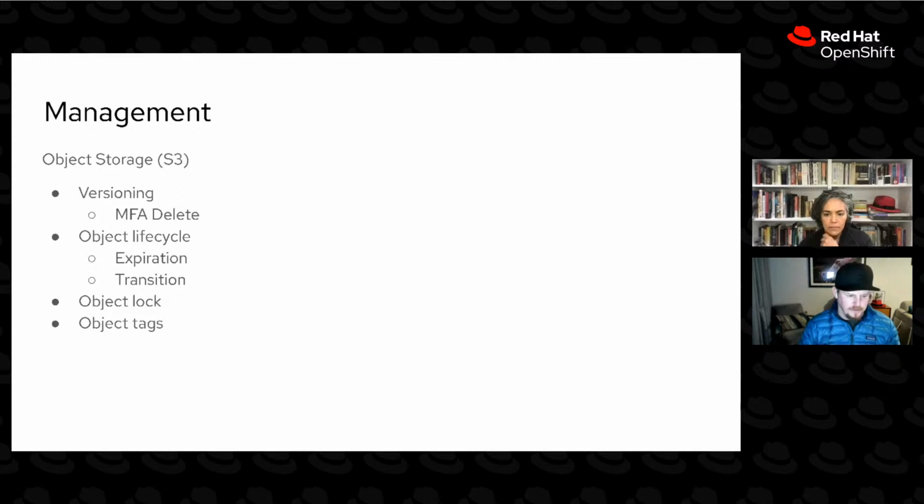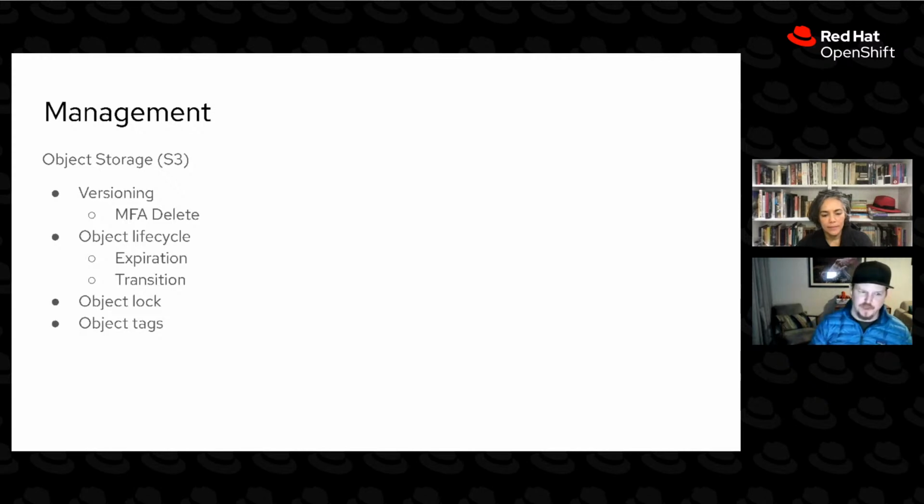Now, you can delete older versions of objects. So if you really shot yourself in the foot and deleted all the versions of an object and you didn't mean to, that would be bad, and you wouldn't have any recourse. But you are able to also set up something called MFA delete, or multi-factor delete configuration, on a bucket that's been configured for versioning.